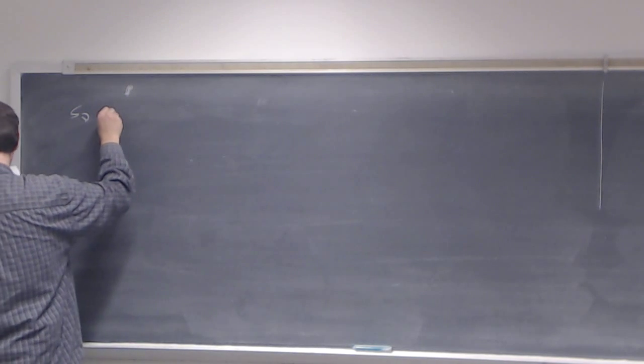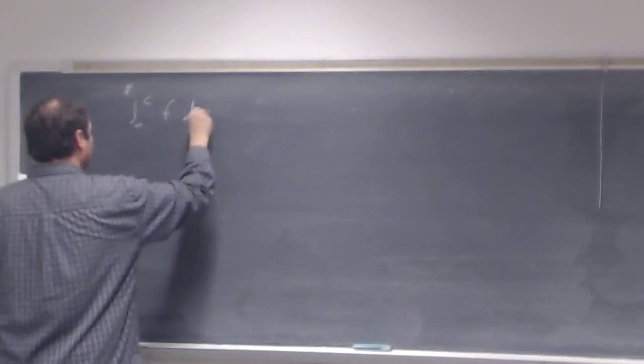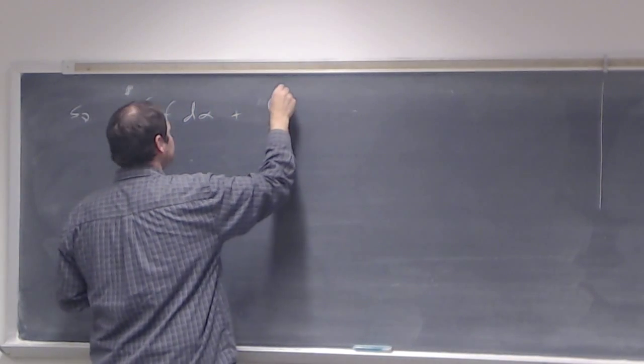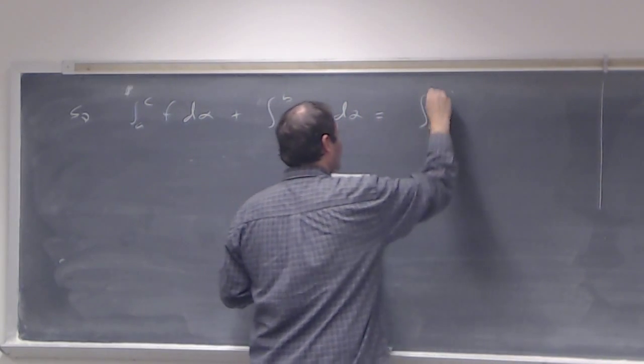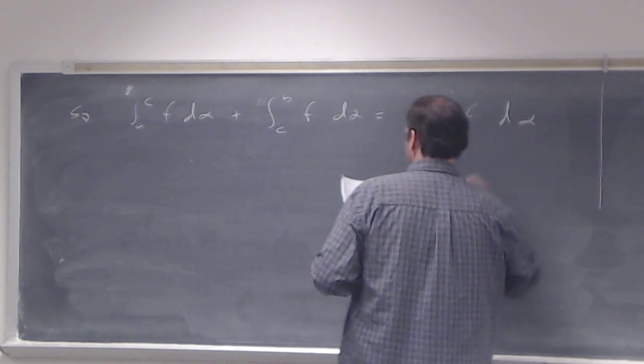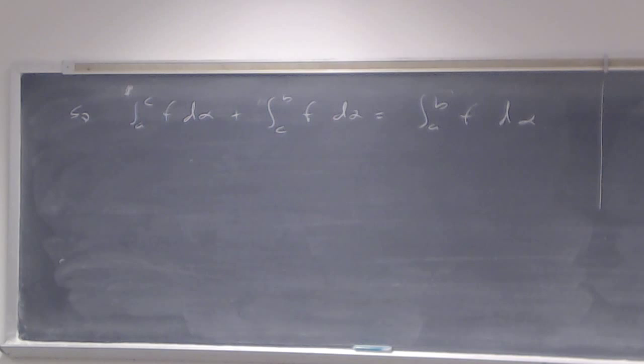So that tells me that the integral from A to C of f dα plus the integral from C to B of f dα is equal to the integral from A to B of f dα. That concludes that proof.